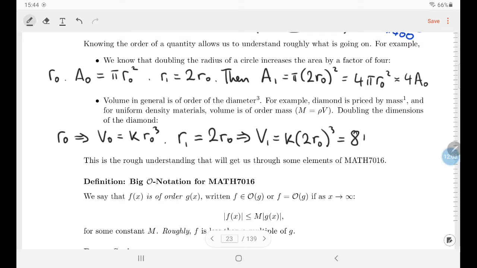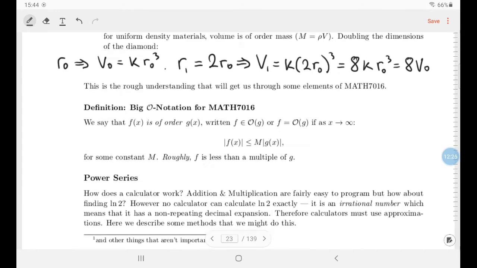So you get 8k r0 cubed, and k r0 cubed is the original volume, but it's multiplied by 8. So doubling the side length, for example, of a cube increases the volume by a factor of 8. So this is why this is kind of important.